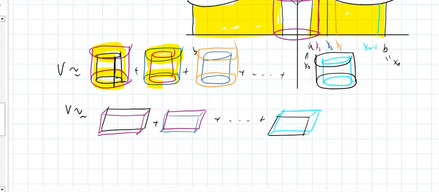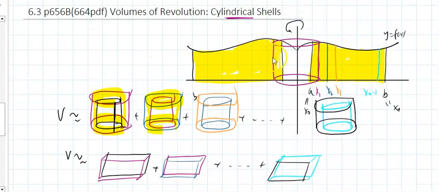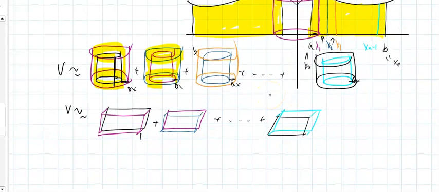Well, the way it works, if I really think about it, this thickness is pretty much delta x. So this is delta x, this is delta x, this is delta x, right?